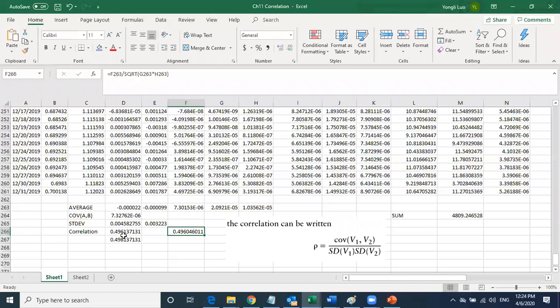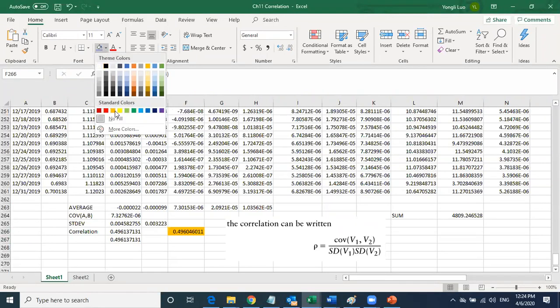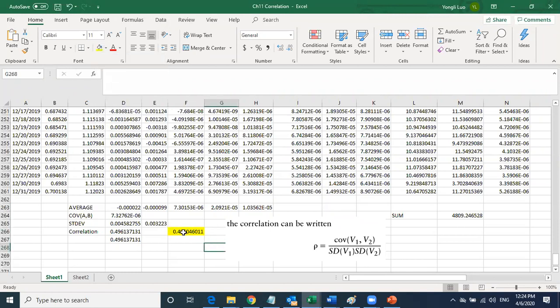The correlation you have is this number for these two stocks. You can see that the Australian dollar and the euro are highly correlated, around 0.5.